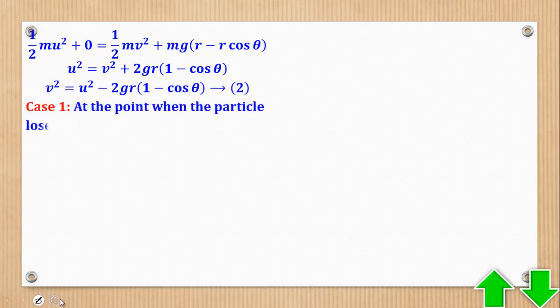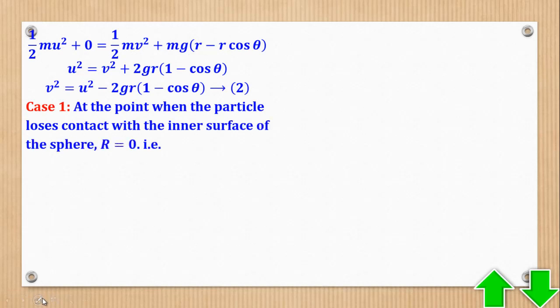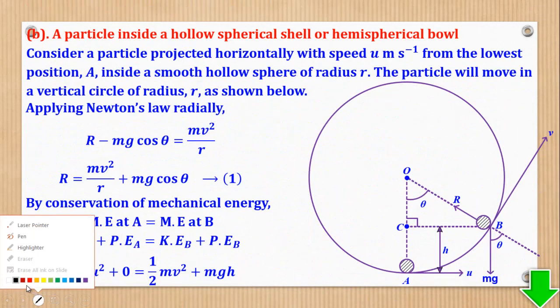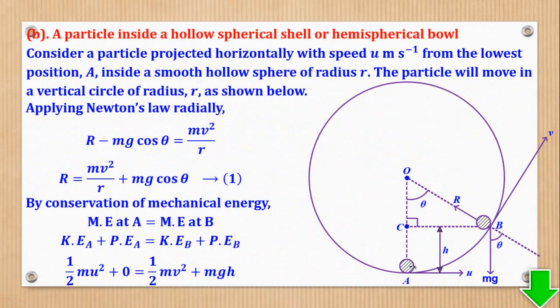So this particle, which is moving inside the hollow spherical shell, may complete a cycle or it may not complete a cycle. So let's first look at a case where it does not complete a cycle. It means that it will move, and at a certain point it will lose contact with the inner surface.